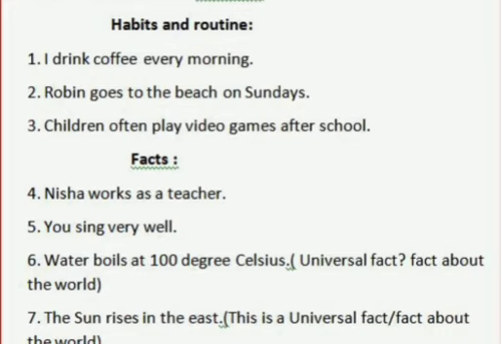Such sentences also use simple present tense to express the idea. Next, the sun rises in the east. That's a natural truth. Everybody knows that the sun rises in the east, right? That means that is a universal fact, or it can be called a fact about the world. So these sentences also express our idea in the simple present form.